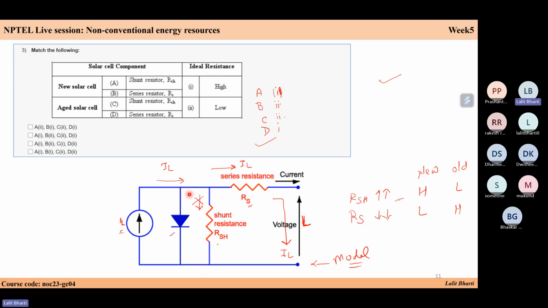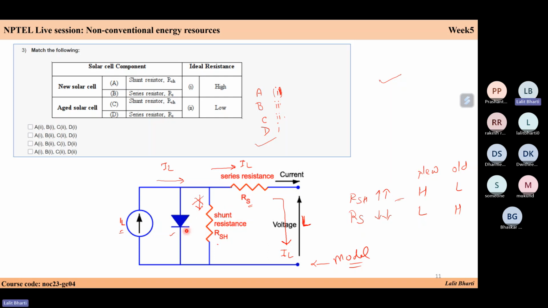Because if your current is directly flowing in this circular pattern, you will not get the current at this load. You need the load to get the maximum current, so your series resistance should be very low and your shunt resistance should be very high.